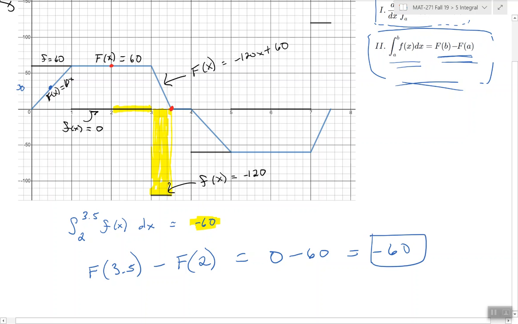And notice it ties, right? And it will always tie. That's the fundamental theorem of calculus, right? We can get that net area using our antiderivative.